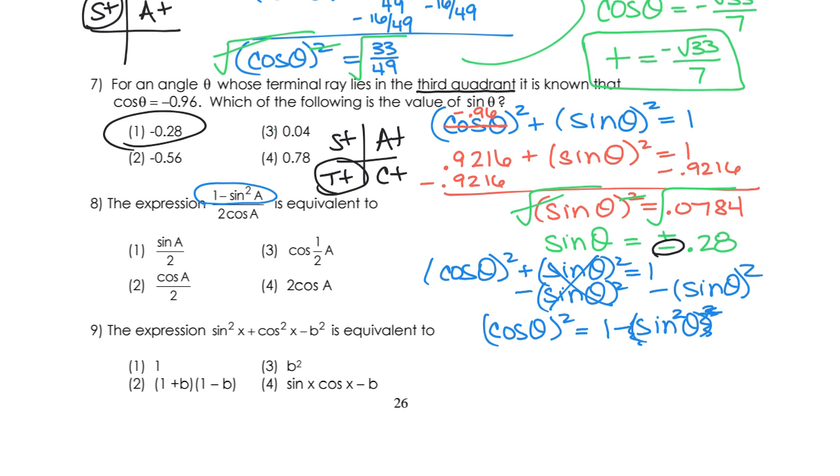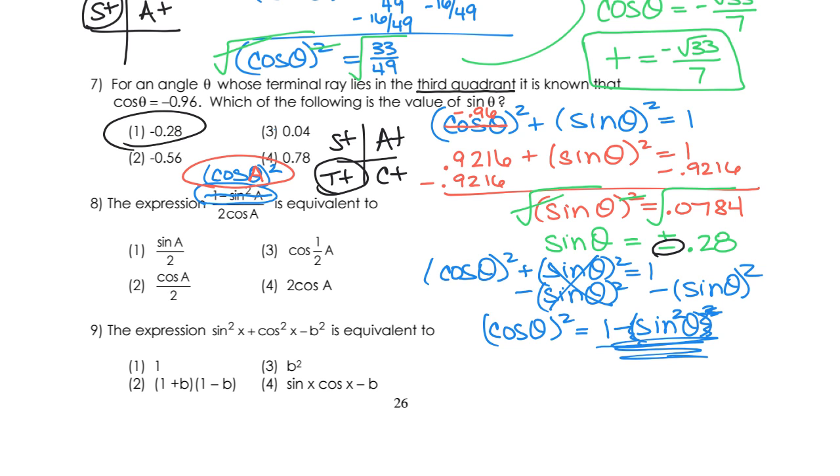You can see this is what we have on the top of our fraction, so we're going to cross it all off because we know that it's equal to cosine theta squared. We don't have our answer yet, so I'm going to do one more thing. They're using A as our angle instead of theta, which might help us.